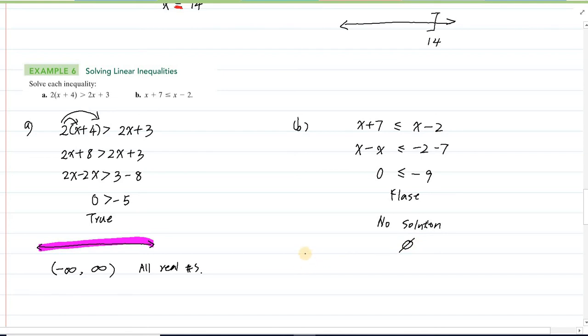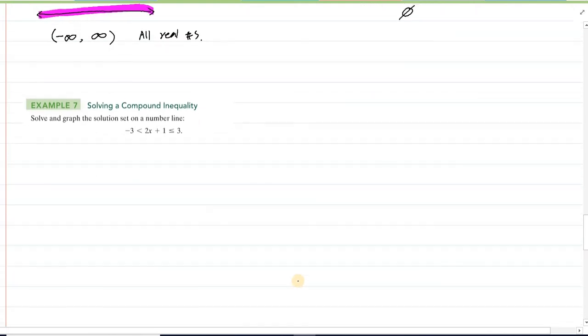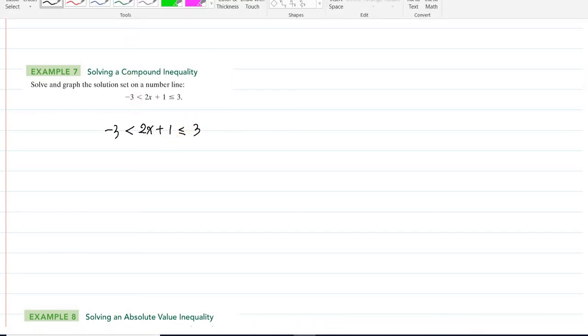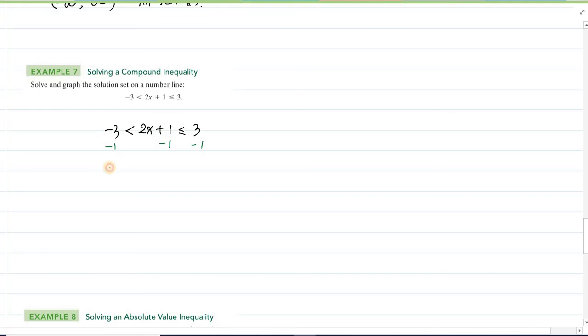Let's move on to the next example. Example 7, solving a compound inequality. So how can we solve this? We can subtract 1 from every single term. Then we're going to have negative 4, and then we're going to have 2x, and here we're going to have 2.